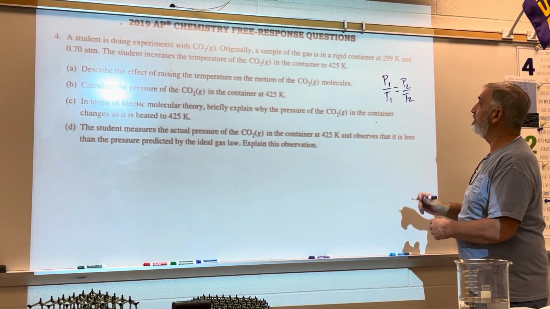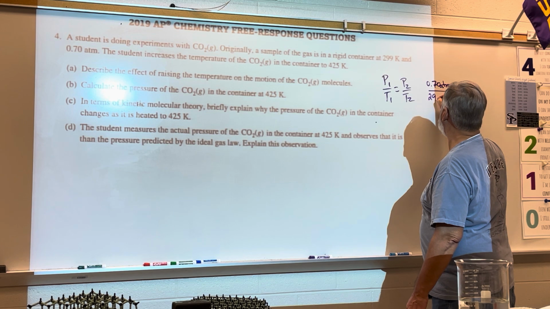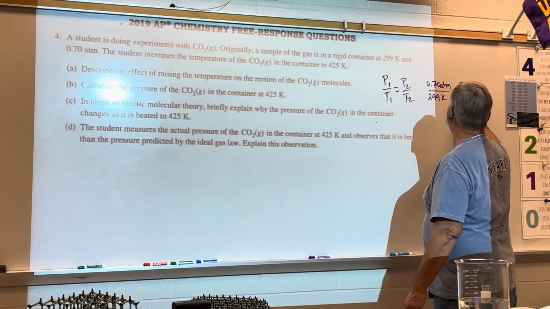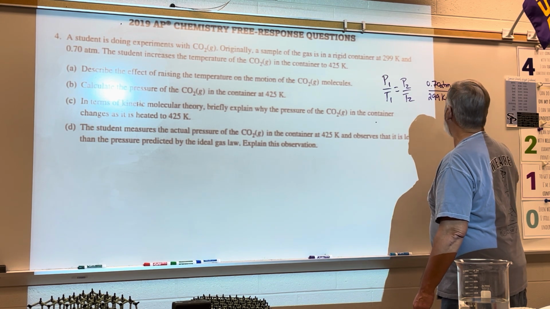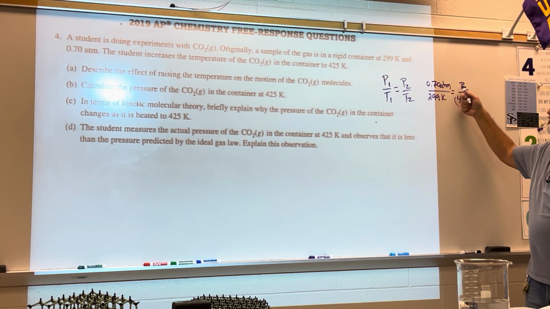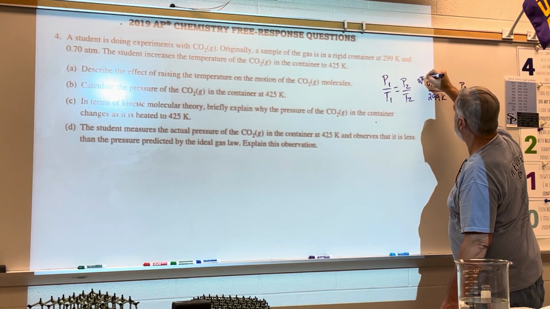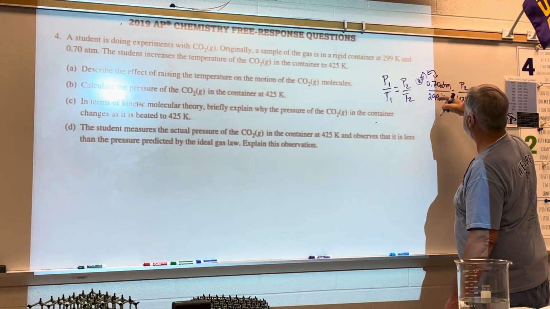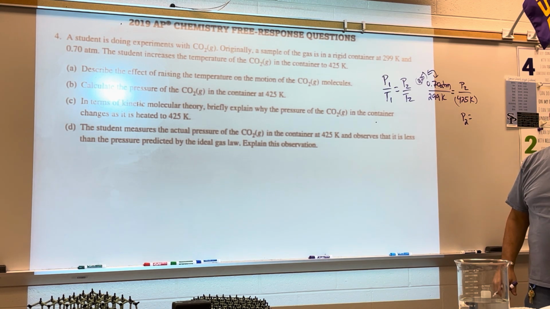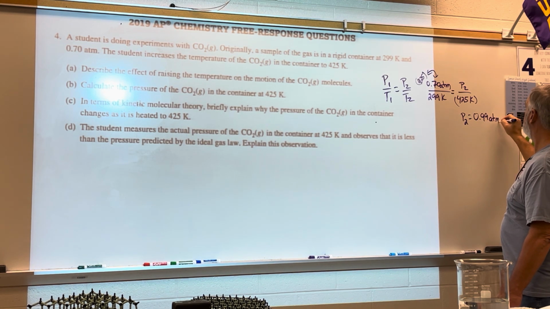We plug in: the initial pressure is 0.7 atmospheres, the initial temperature is 299 K, equal to the new pressure P2 divided by 425 K. I hope your algebra is good enough that you just bring the 425 up here. You don't cross multiply and then redivide everything out. So it's this times that divided by that. What's the pressure equal? 0.9918, and that's going to be in atmospheres.